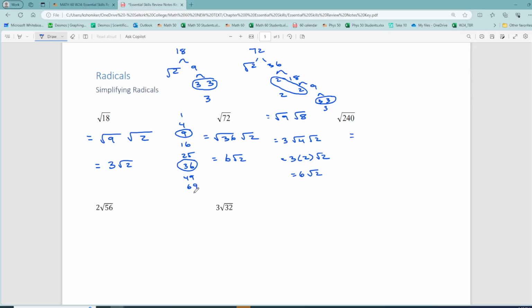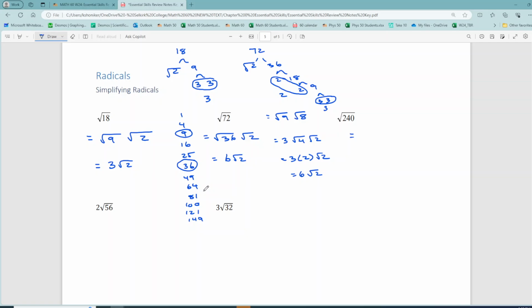49, 64. So what I always do is maybe write yourself a list of perfect squares. 81, 100, 121, and 144. So I'm going to take half of 240, which is 120, and then start dividing. So I would do 240. Does it divide by 81?